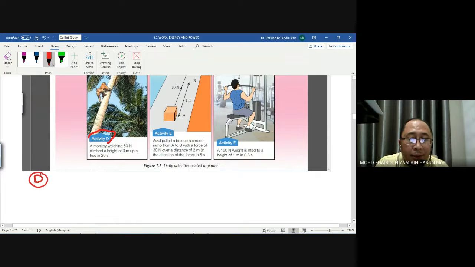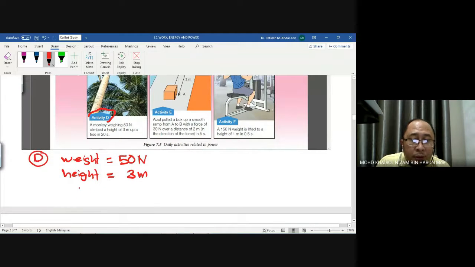The weight of this monkey is 50 Newton, the height is 3 meter, and it takes 20 seconds.